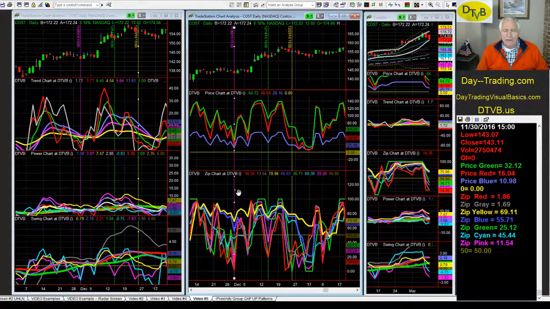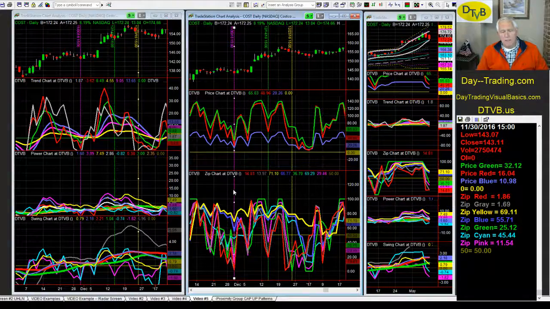But the vast majority of the time, Zip Red is lowest and not Zip Gray. And Zip Gray just picks up that little difference, and obviously Zip Red and Gray are paired together and synchronized for that matter.